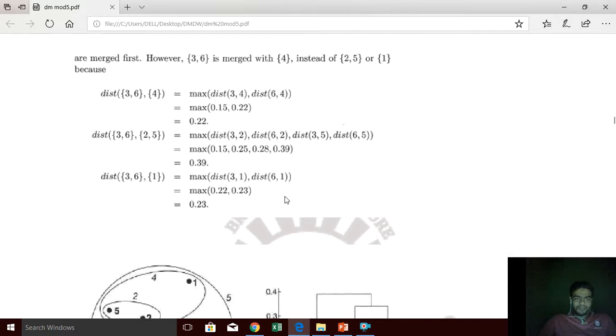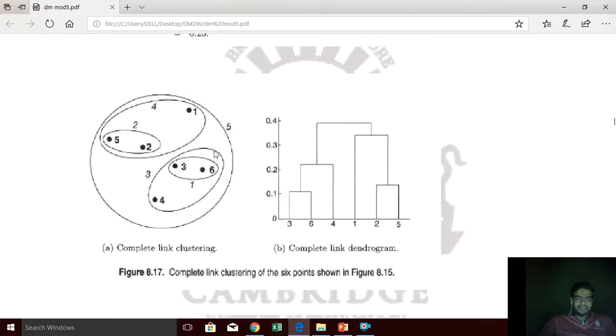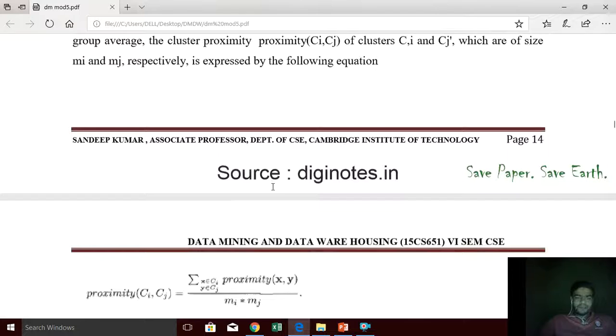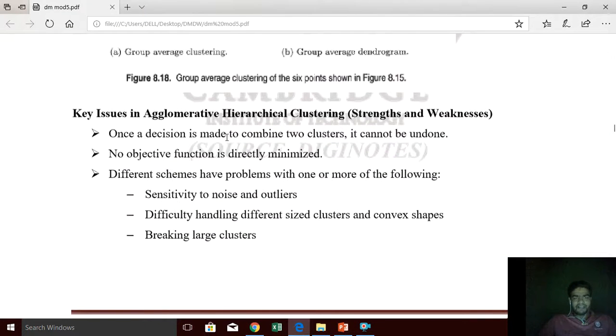And in the group average again 3, 6, 4 is merged with 2, 5.